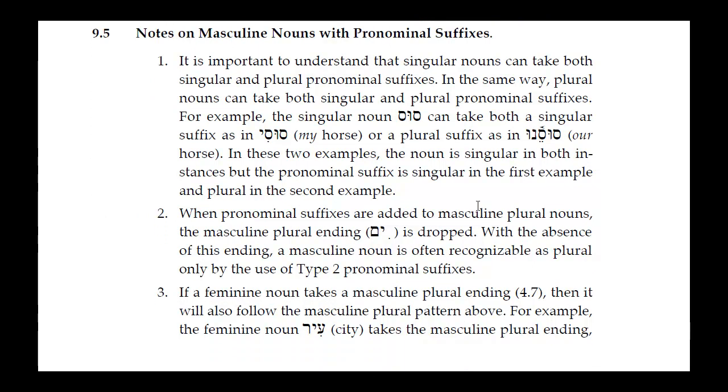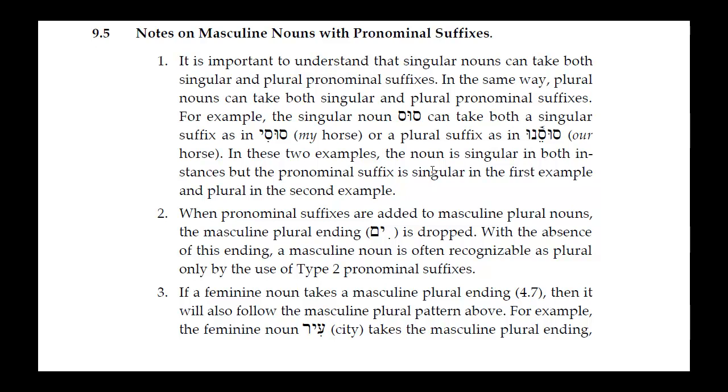It is important to understand that singular nouns can take both singular and plural pronominal suffixes. In the same way, plural nouns can take both singular and plural pronominal suffixes. For example, the singular noun sus can take both a singular suffix, susi, my horse, or a plural suffix, susenu, our horse. In these two examples, the noun is singular in both instances, but the pronominal suffix is singular in the first example and plural in the second.